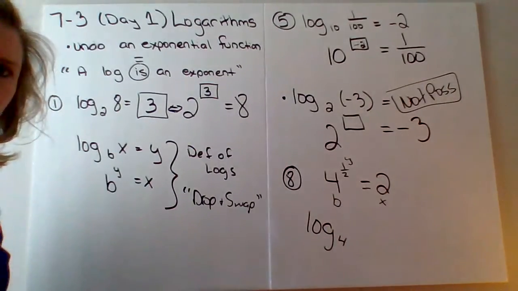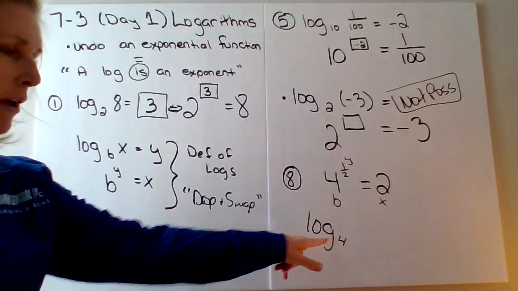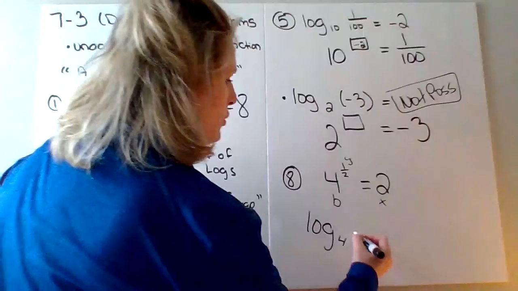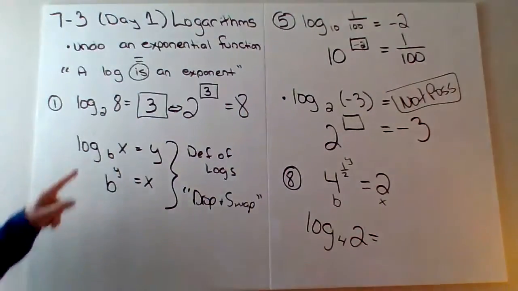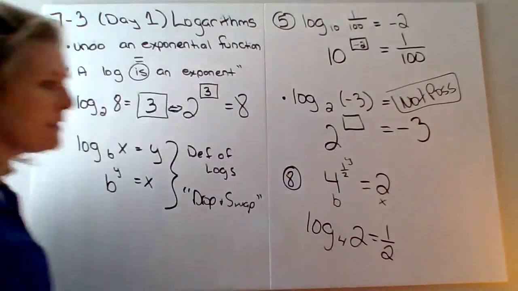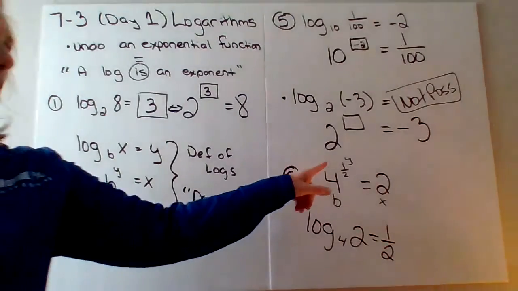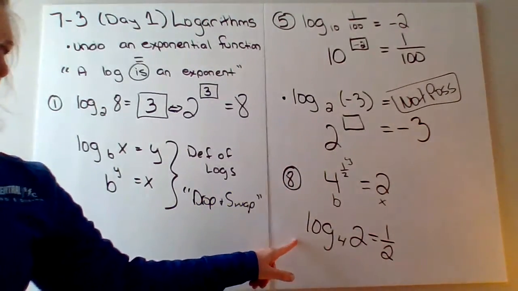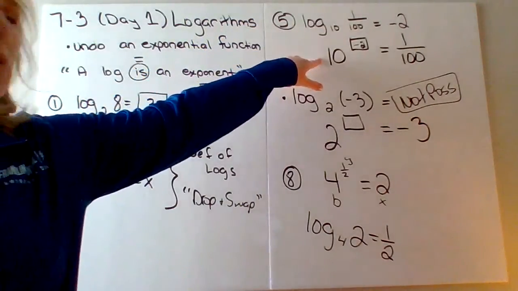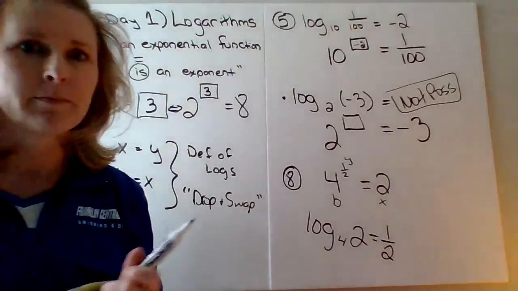This base is a subscript. That is supposed to be smaller and down from the log. Log base 4 of 2 equals y, that I labeled the 1/2, because the log is the exponent. So if a problem says take an exponential and write it in log form, that's what I would do. If it says take a log and write it in exponential form, that's what I would do.